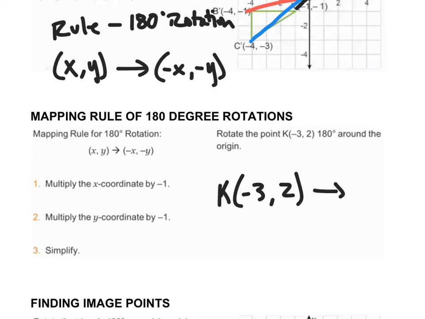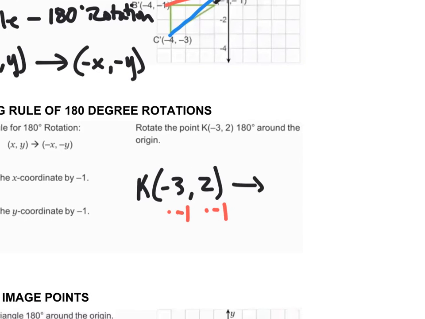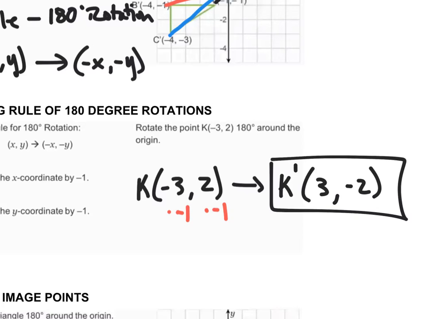If I take -3 and multiply it by -1, that's going to give me +3. If I multiply 2 by -1, that's going to give me -2. Really, the idea is just to take the opposite of each. The opposite of a negative is a positive, the opposite of a positive is a negative. So to get the point K prime, you can do that, or you can just flip the signs on each of those, and that's going to be your point on the image, okay?